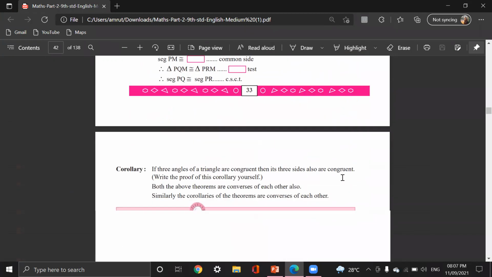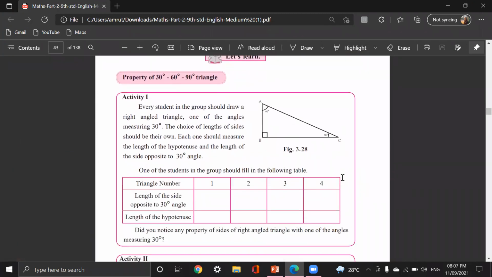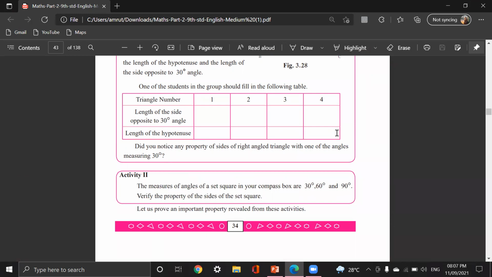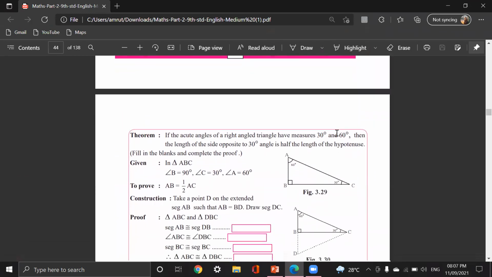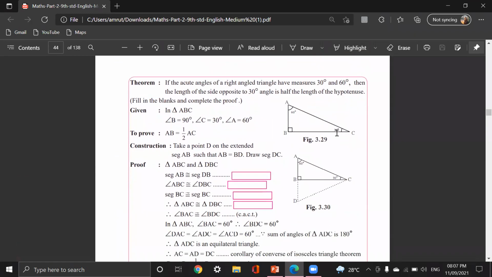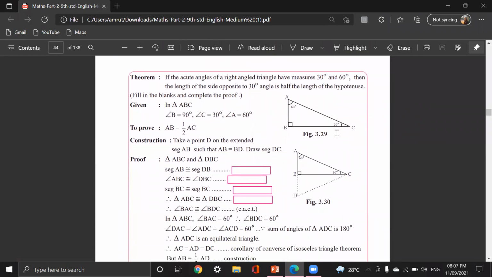That is the theorem. Then we learned about the 30°, 60° and 90° triangle property: the side opposite to 30° is half of the hypotenuse. Okay, so that we learned through the activity. Through the activity we have learned it, but we have the theorem also.